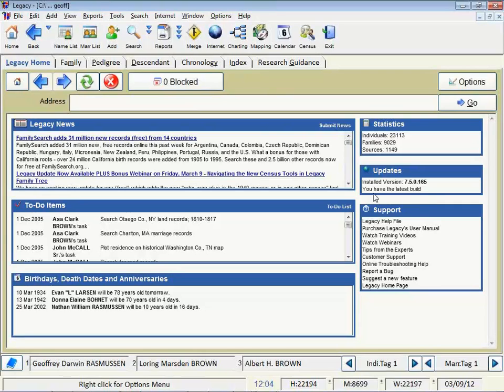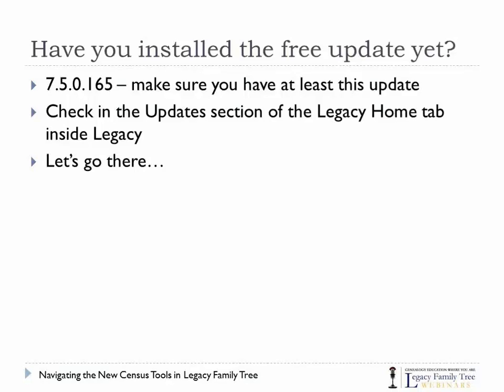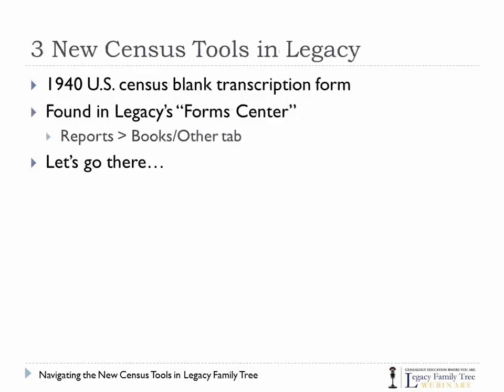And it will likely tell you that there is a new update, and right here, instead of it saying you have the latest build, there will be a red link there to click and download and install the latest update. So that's how you do that part of it. So make sure you have the latest update. Oh, Kim says she's downloading it right now.